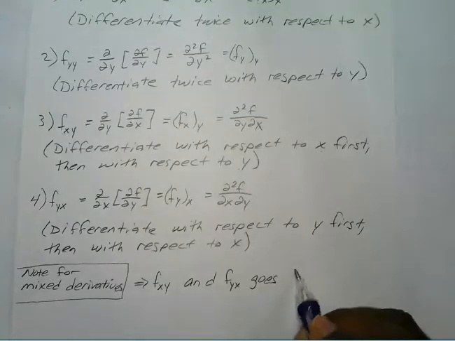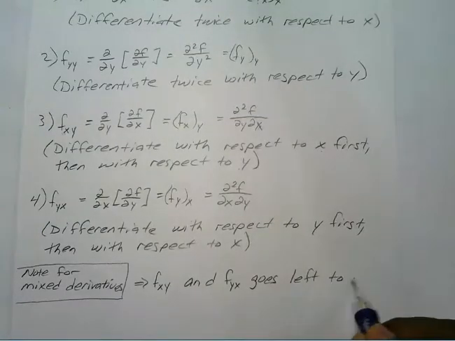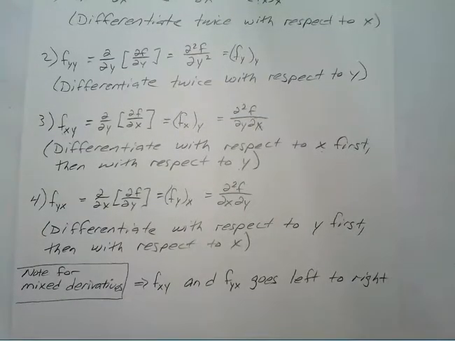That goes from left to right. Meaning for your two variables, you're going to find the partial for this one of x first, then y. And for this one, you're going to go y, then x. So you're going to go left to right.